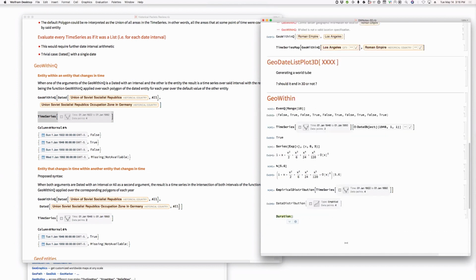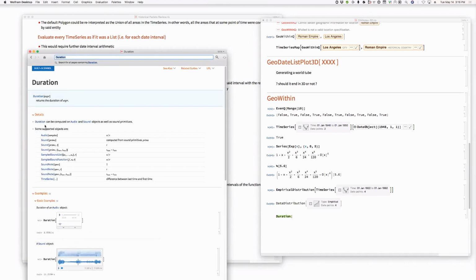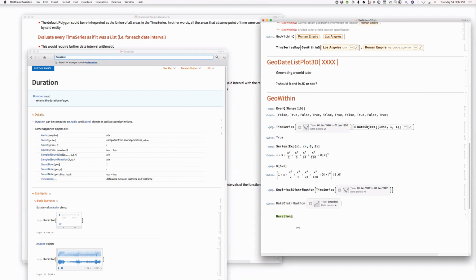I wonder if for that case, weighted data will be better because that's exactly that for each value and how much of that value. I'm also wondering if duration could have a second argument. Doesn't duration work? Yeah, it does work on time series. What about having a second argument for duration? Gosha?